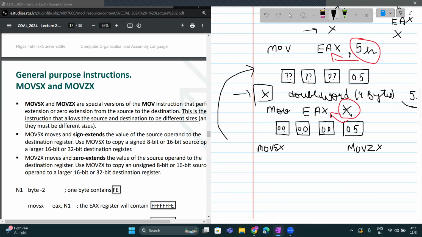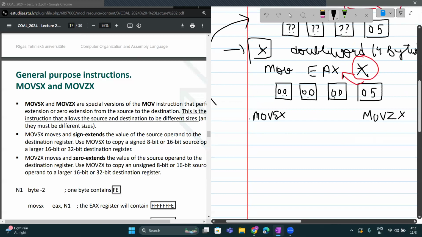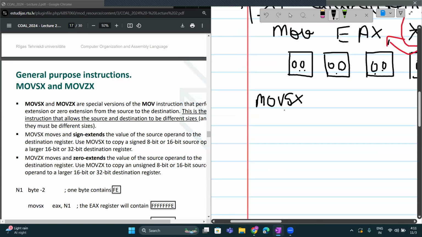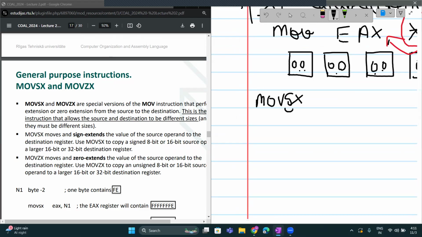To solve this problem, we use special types of move instructions. So movsx means that it extends the sign of the variable.